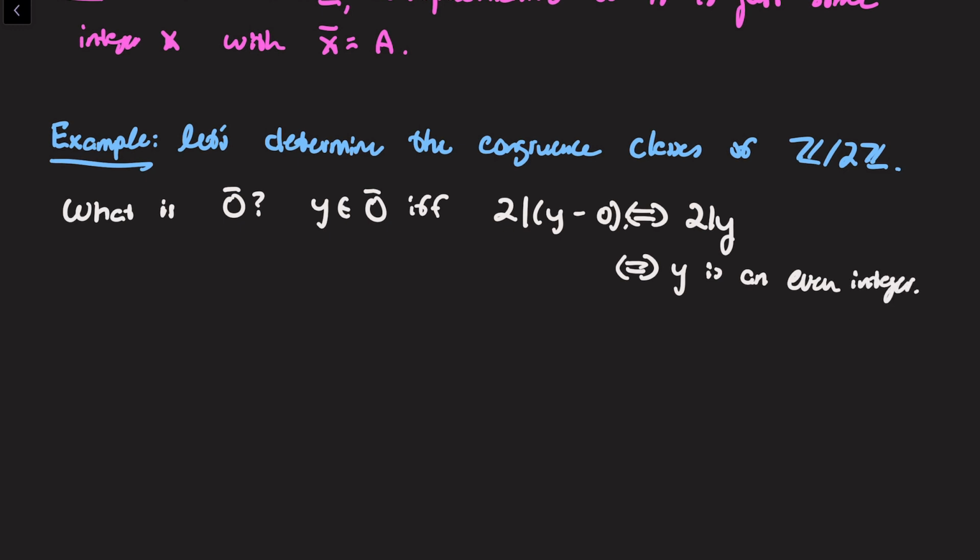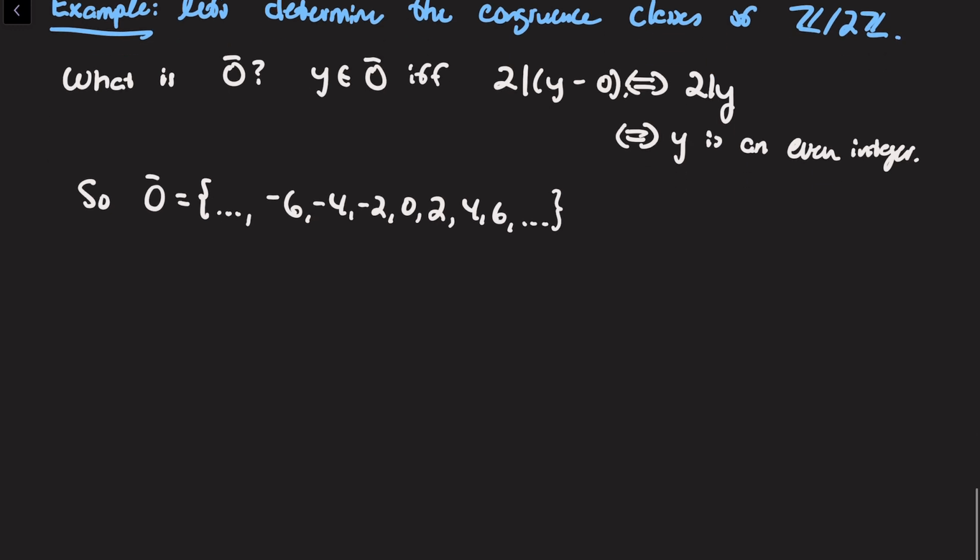Cool. So what we've got is that the congruence class of 0, more precisely, is just the set of even integers. So in some sense, half of the integers are already taken care of, so that's pretty good. Now let's pick something that doesn't belong to this one and find its equivalence class.